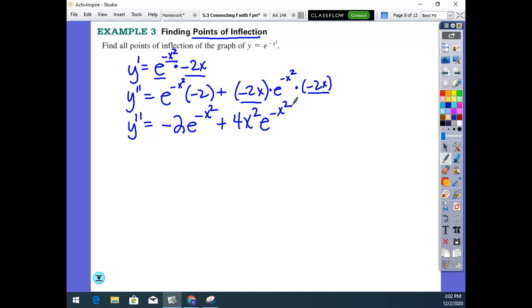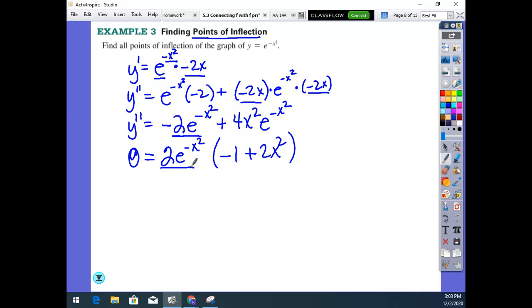Now, we're going to set it equal to 0. We can see that there's a GCF of 2e to the negative x squared. If you factor out the 2e to the negative x squared, we're left with negative 1 plus 2x squared.